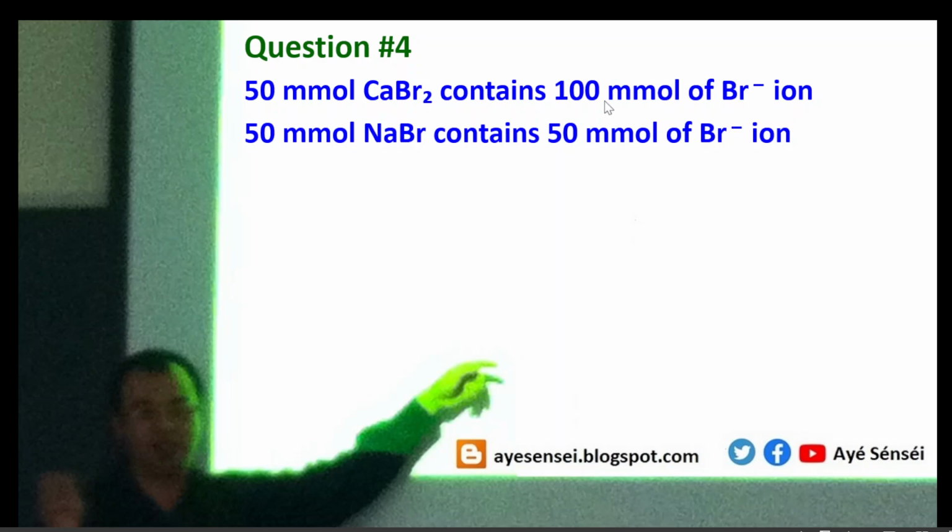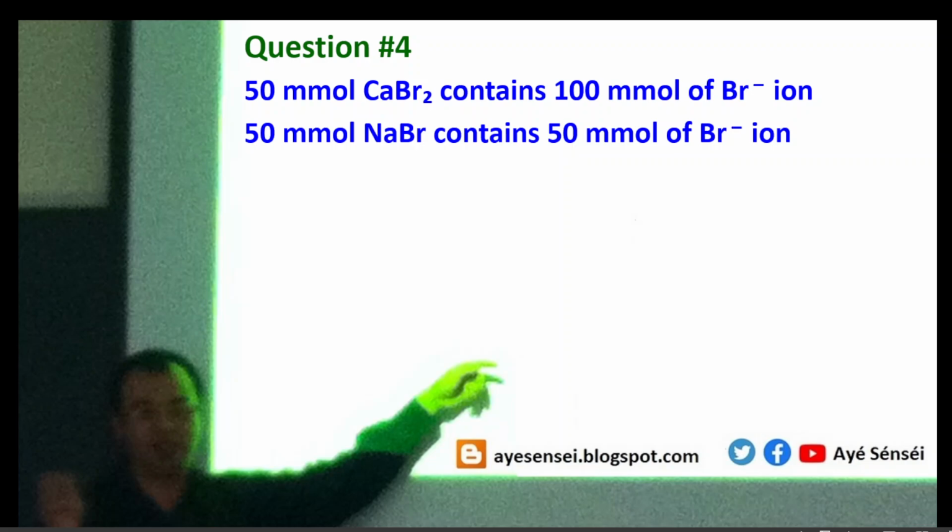And for sodium bromide, since the number of bromide ions is 1, the number of bromide ions is equal to the amount of the salt.